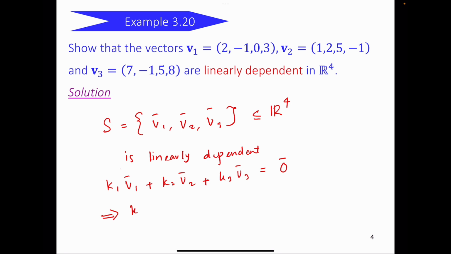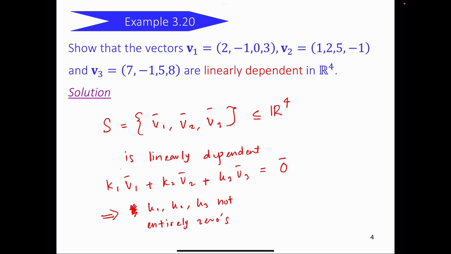This means we can find K1, K2, K3 that are not entirely zeros.